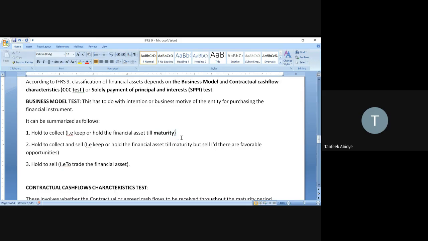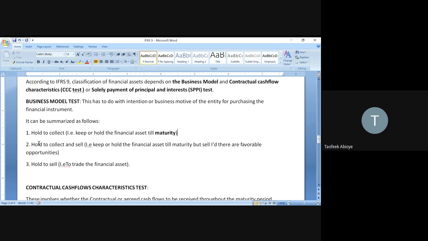So hold to collect means I buy that bond in First Bank so that at the end of the 3 years, I will collect my money back, and on a yearly basis I'll be collecting interest. So I will say my business model is to hold to collect. That means keep or hold the financial asset till maturity.